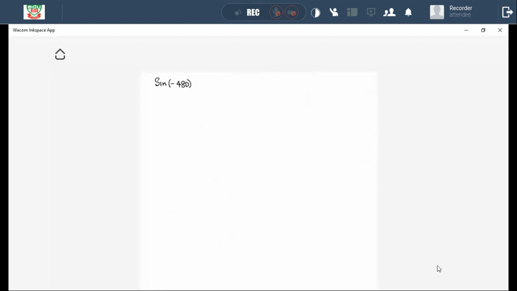There are two methods that you can use, right? The first method, someone can say, let me take it in this format. Method one, look at this. If I'm to simplify it, I can safely just say sine of a negative angle is basically going to be negative sine 480, because it's a negative angle, from its identity.